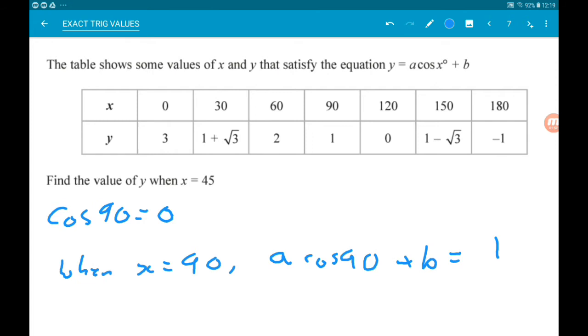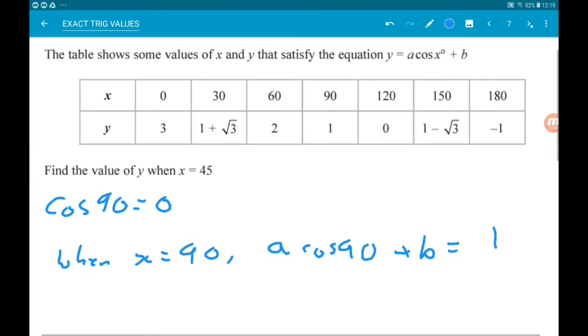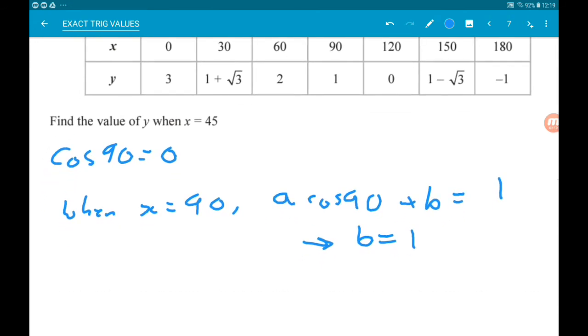Now, a cos of 90 again is 0, so this tells us then that b is 1. So we now know that y is equal to a cos x add 1.